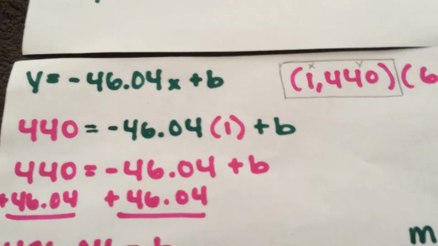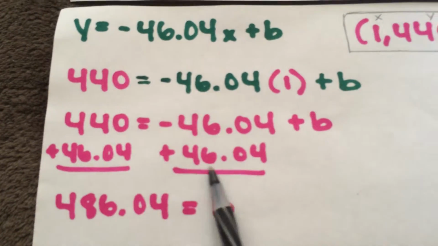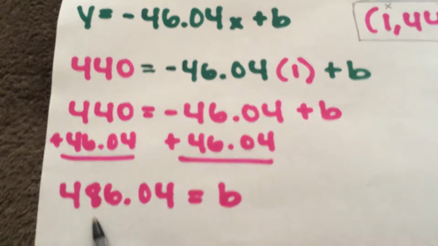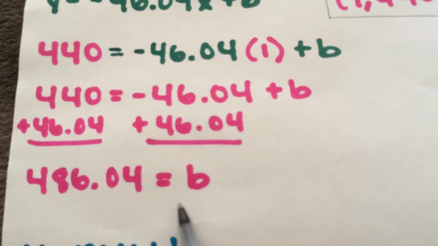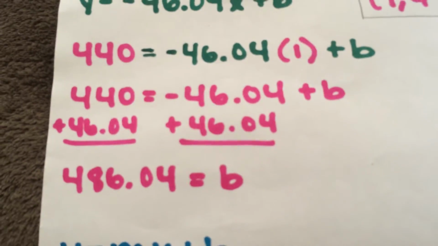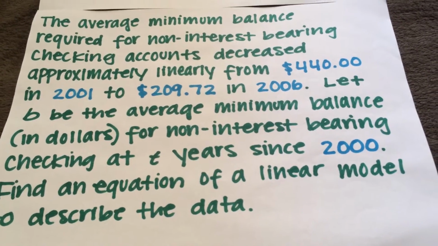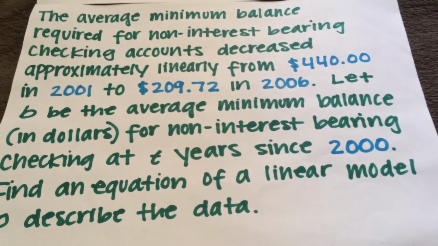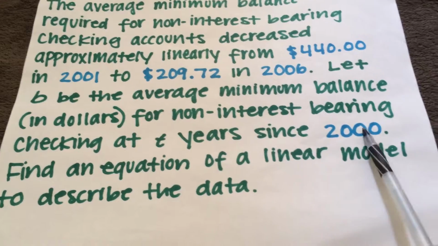So then we add 46.04 to both sides, and that will be 486.04 equals b. Now what's b? In the problem, B was the average minimum balance in dollars for non-interest-bearing checking at T years since 2000.